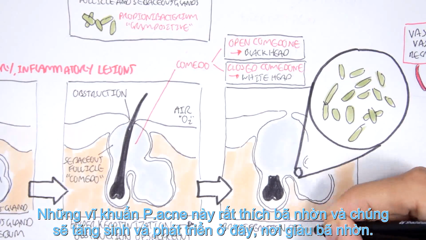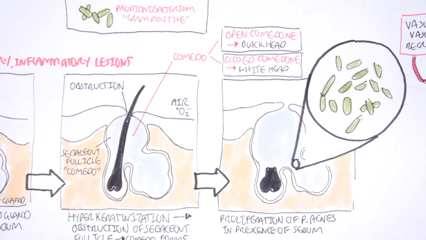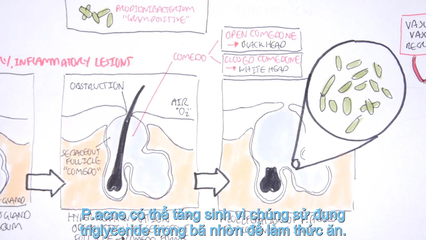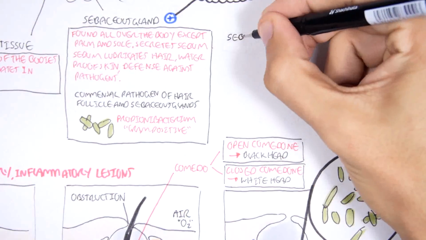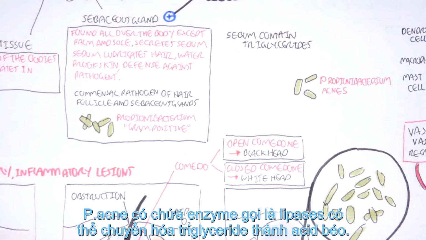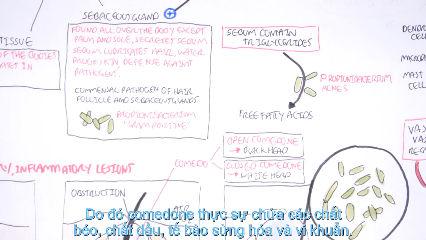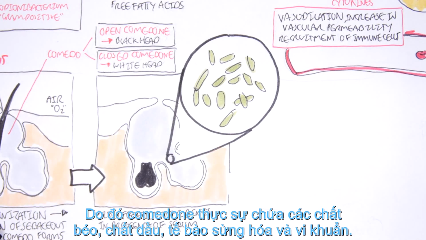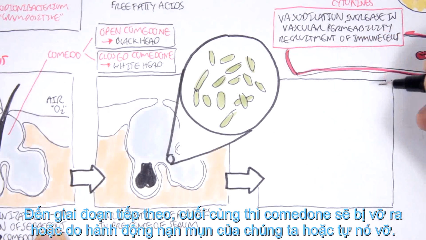There is P. acnes proliferation because they feed on triglycerides found in sebum. So you can imagine, because there's so much sebum being produced, there are so many triglycerides. Propionibacterium acnes contain enzymes called lipases that will catalyze triglycerides into fatty acids. So the komedo is actually oily, fatty, contains keratinized cells, as well as bacteria, if this makes sense. And this cycle just keeps continuing on.